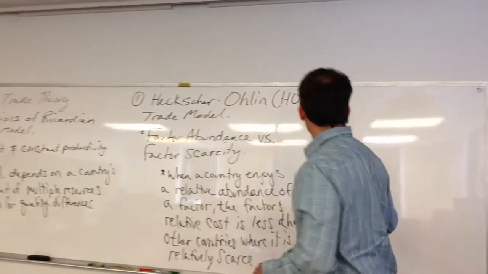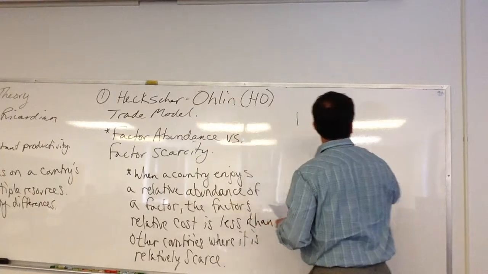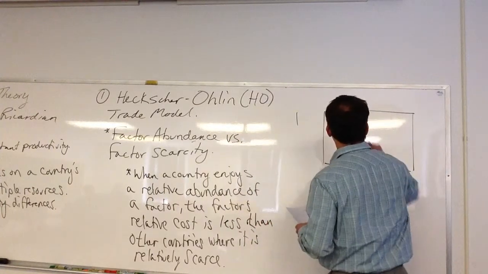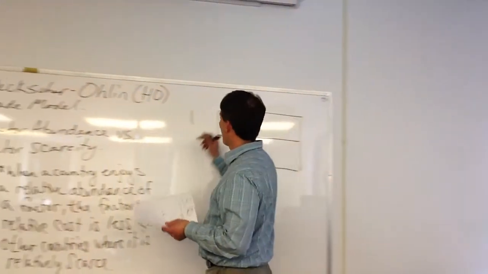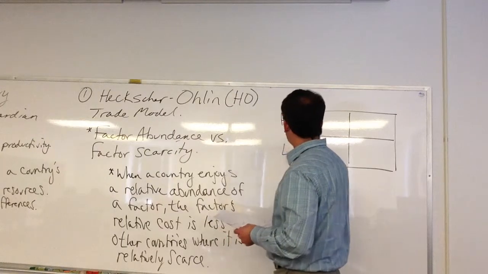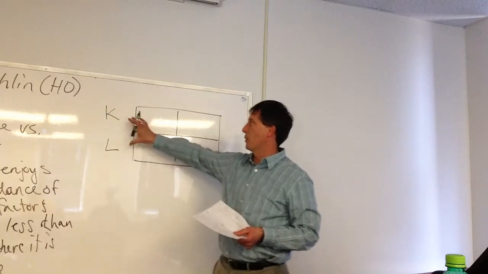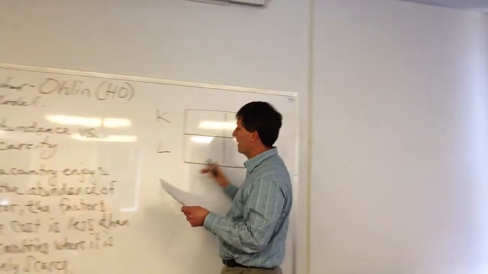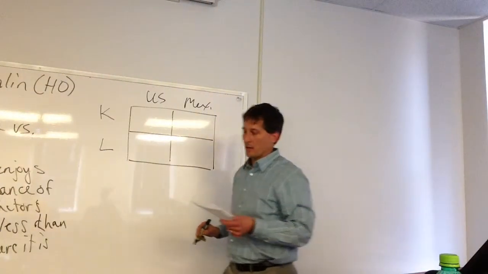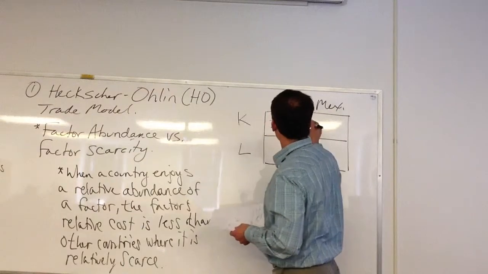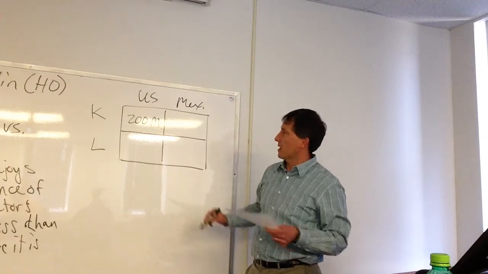Okay, so let's take a look at the U.S. and Mexico. Draw a little four-square thing, similar to what we did with comparative advantage in Ricardo. But let's measure capital here and labor here. So machines. So now we've got both factors rather than the outputs. And we've got the U.S. and Mexico. So let's say that the United States has 200 machines, or 200 units of capital.